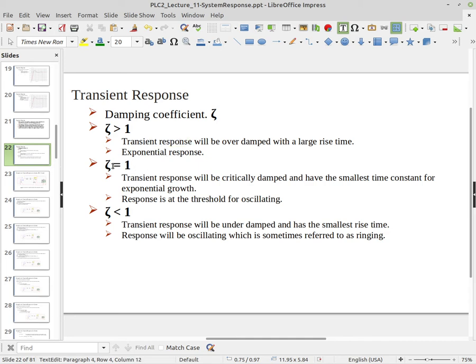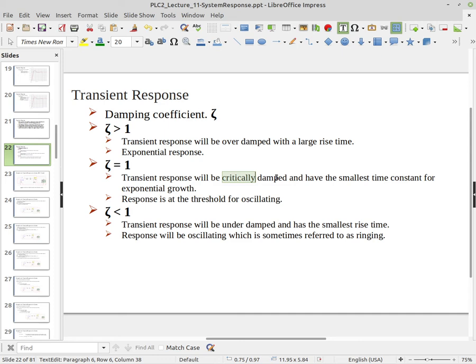And so the system is going to be over damped. The damping coefficient is represented with the Greek symbol zeta, Z-E-T-A, zeta, that's what that symbol is. But if the damping coefficient zeta is exactly equal to 1, that means that the system is critically damped.